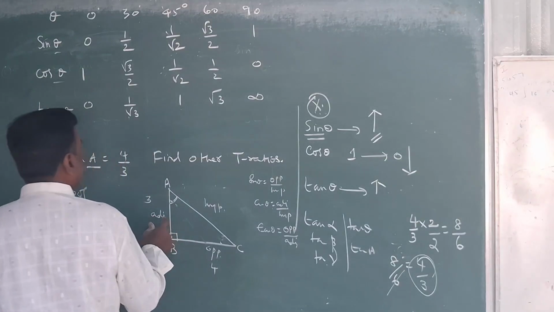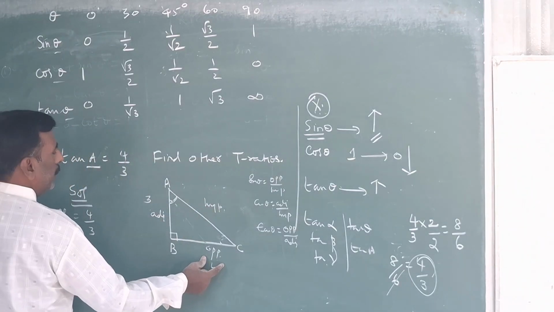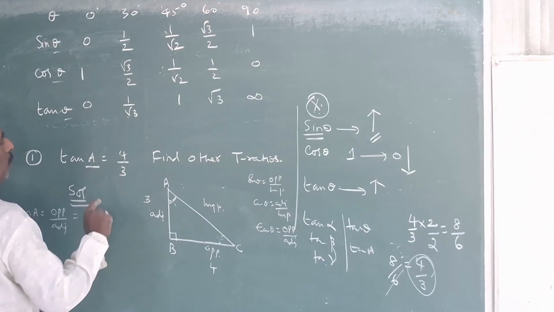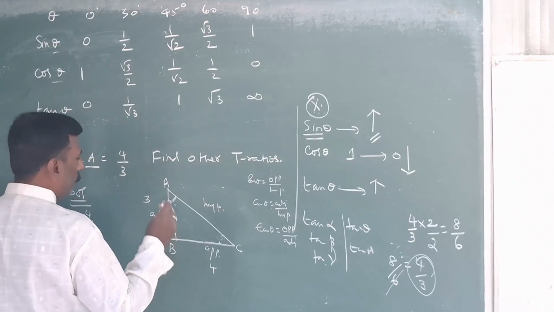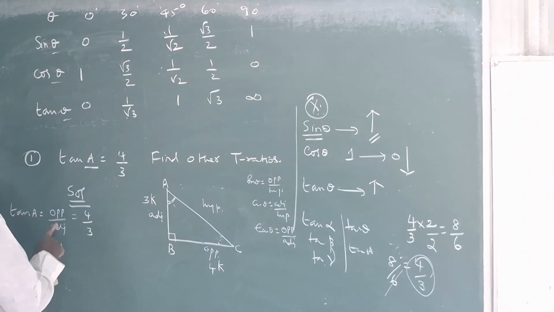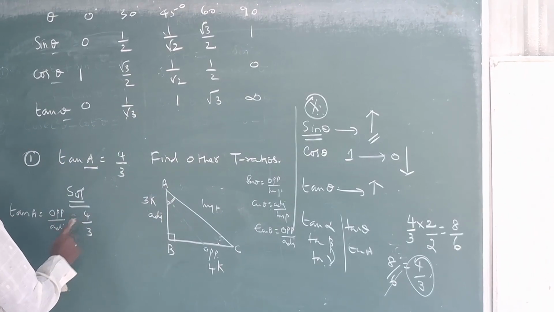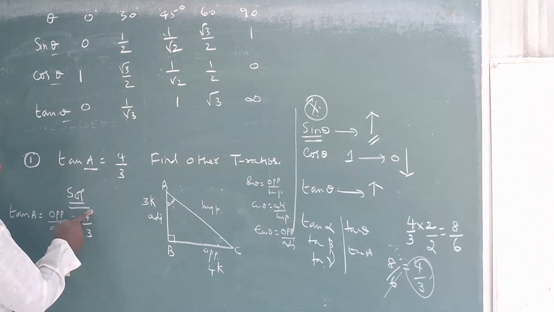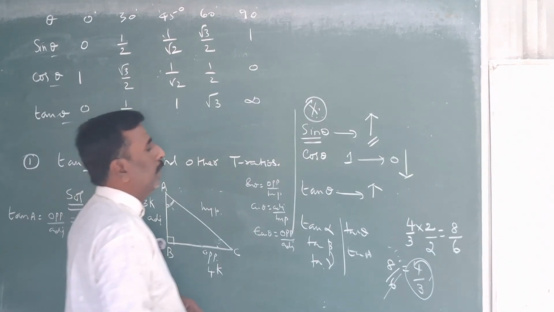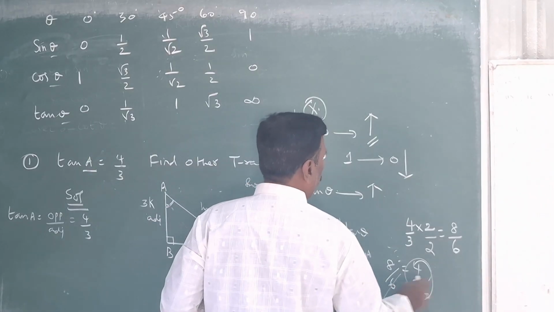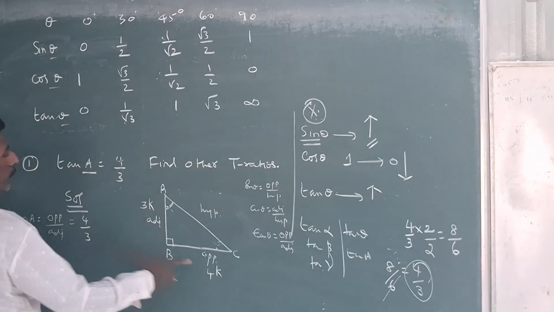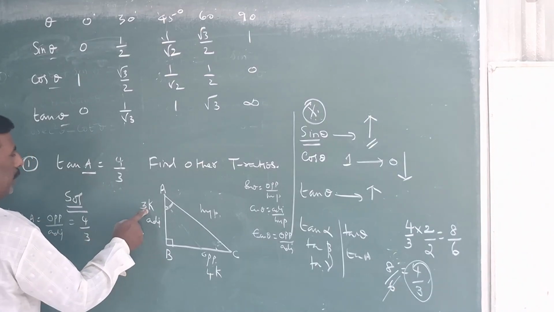So we don't know the exact value of the opposite side and adjacent side because it is given in the simplest form, and we don't know what factors were cancelled. So for that purpose we are putting K here. So tan A equal to 4/3, opposite side as 4K and adjacent side as 3K.